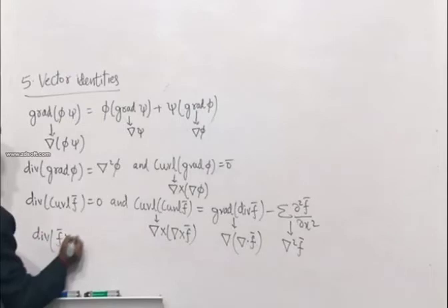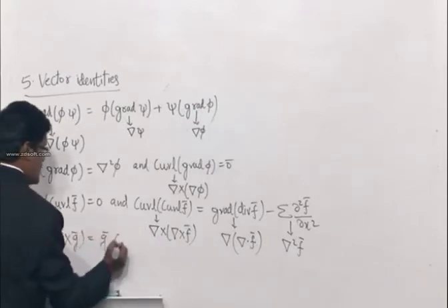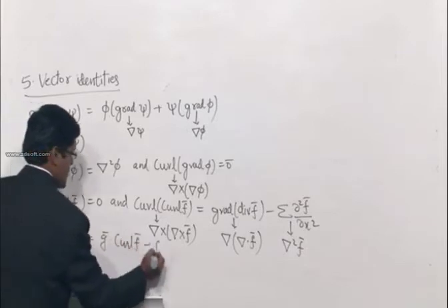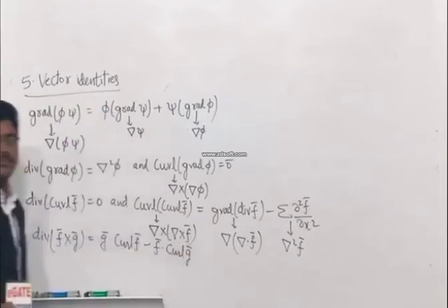Next, div f bar cross g bar is equal to g bar dot curl f bar minus f bar dot curl g bar.